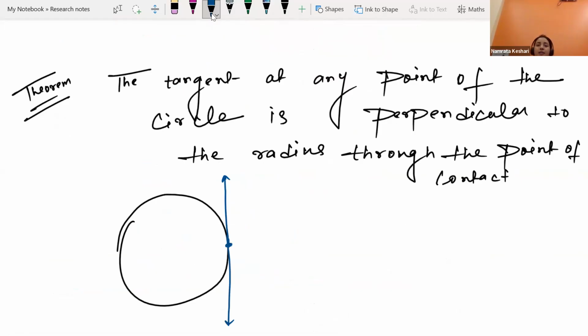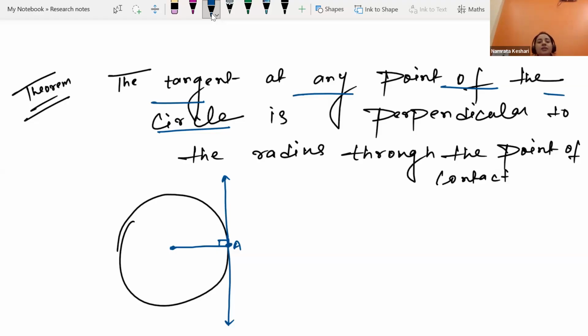The tangent at any point of the circle, maybe this is point A, is perpendicular to the radius through the point of contact. If you draw the radius over here, it is perpendicular. That's what the theorem says.